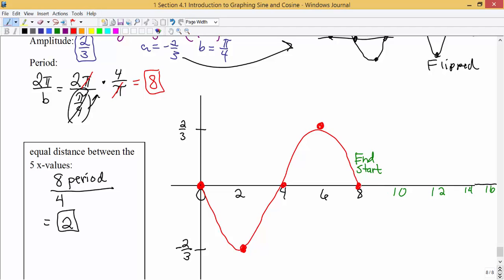So we end up starting at the middle, going down to the minimum, coming back to the middle, going up to the max, and then coming back down to the middle. I didn't give myself quite enough room there, but that's okay. Drew a little bit better there with the curve.